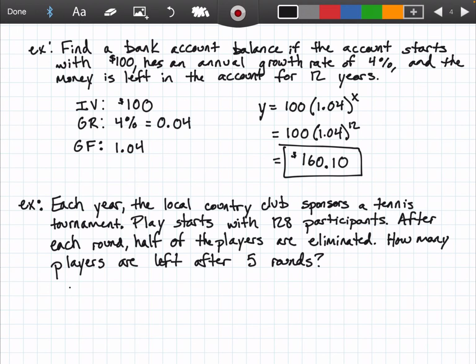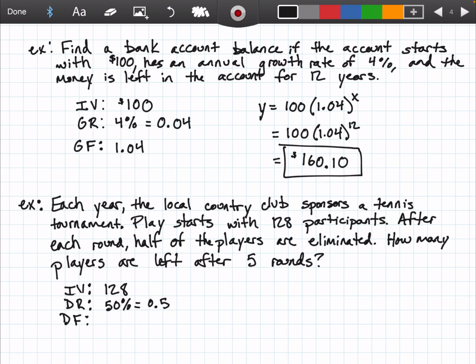Okay. Tennis tournament. We initially have 128 participants. It's cutting down, so we have a decay, and my decay rate is cutting in half every time. So cutting in half is 50%, or 0.5.